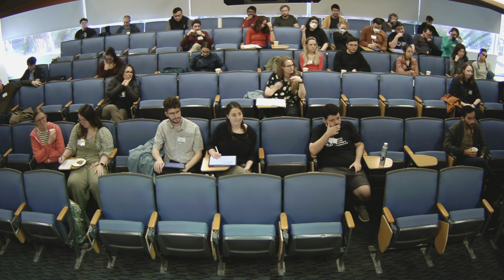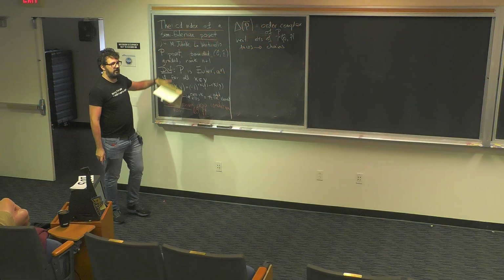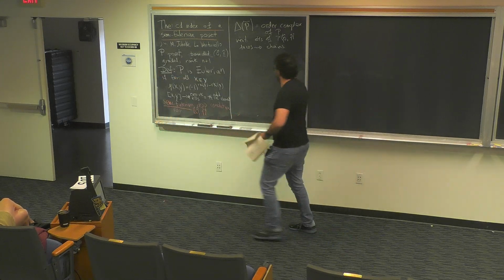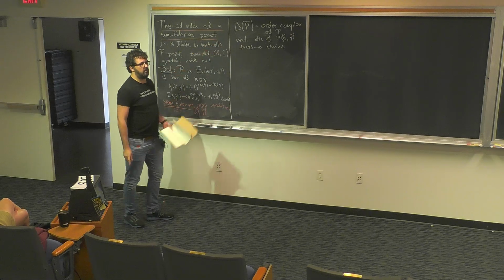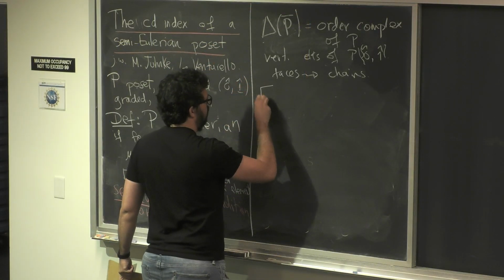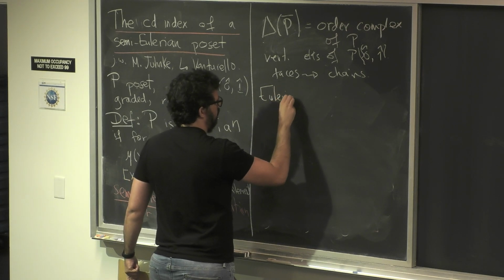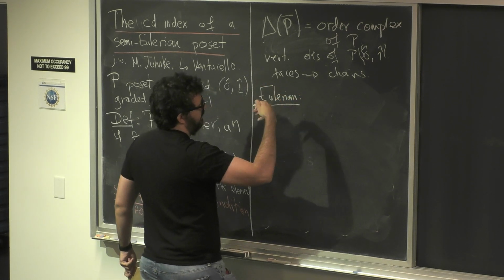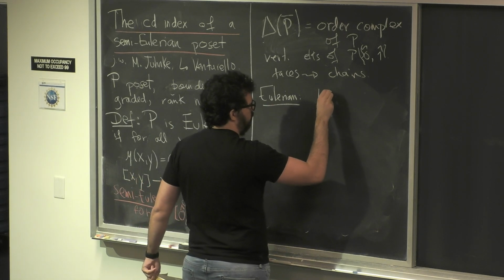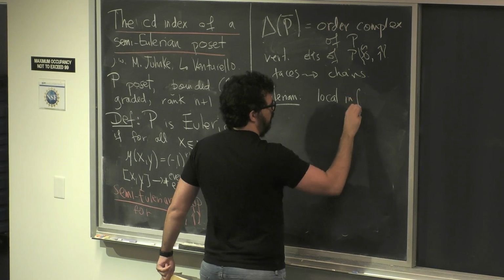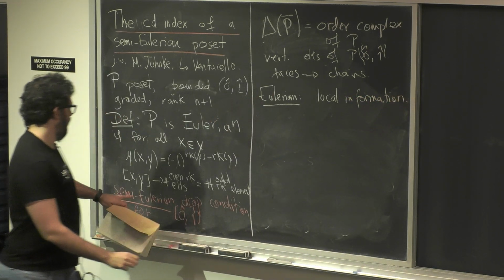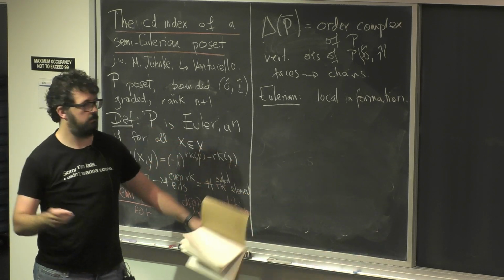So in particular, I want to compute the Mobius function in 0, 1 to tell you how this differs. And so I'm going to look at this order complex. And so being Eulerian is a condition. Eulerian in the big picture, it's a condition about a ton of local information. And by local, I mean look at links.